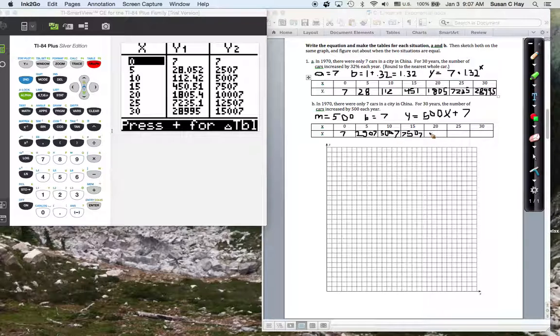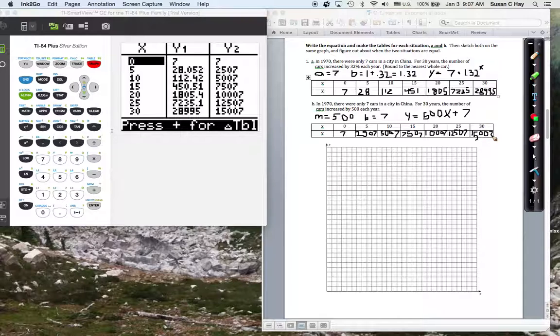Okay, 75, and then another 2,500, 10,007, obviously 10,007, and then 25 is 12,507. And then finally, at 30 years, we're up to 15,007 cars. So it's increasing by a linear, steady amount every time, every 5 years, or every year.